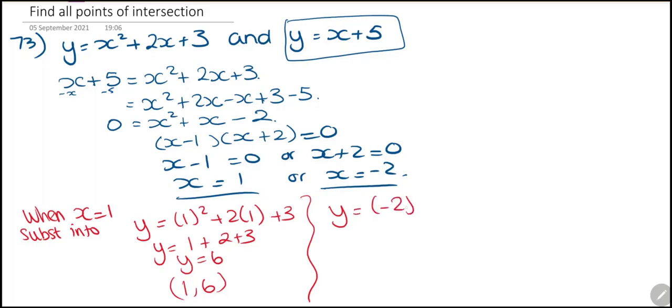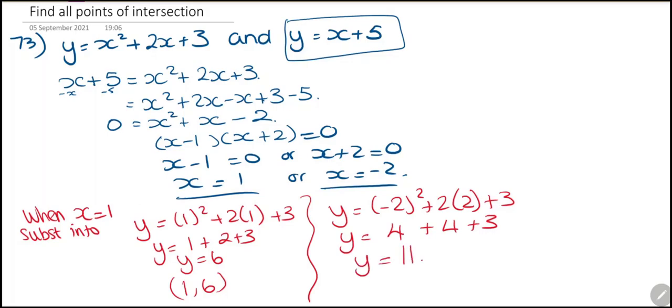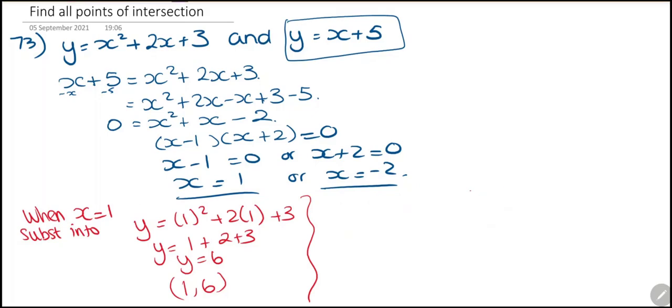So minus 2 squared plus 2 multiplied by minus 2 plus 3.